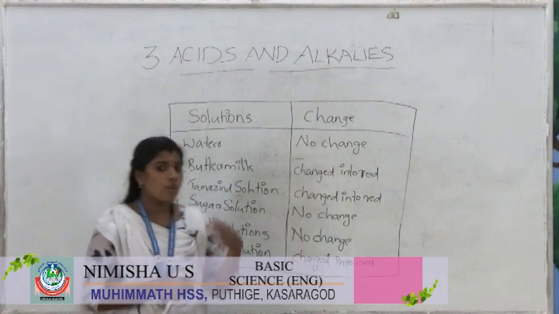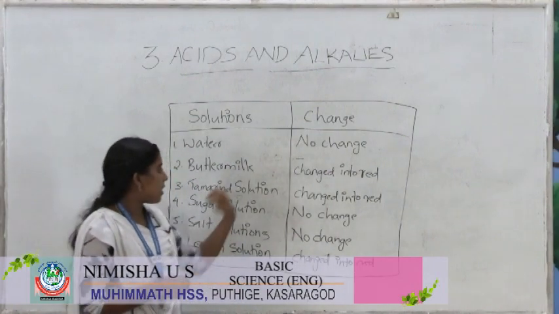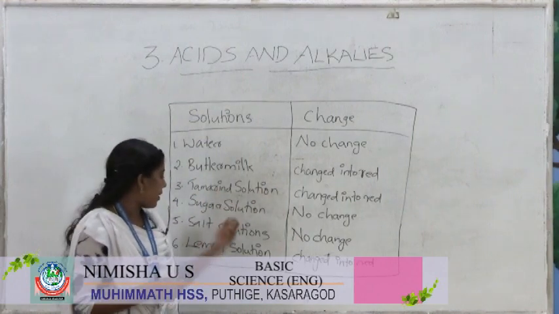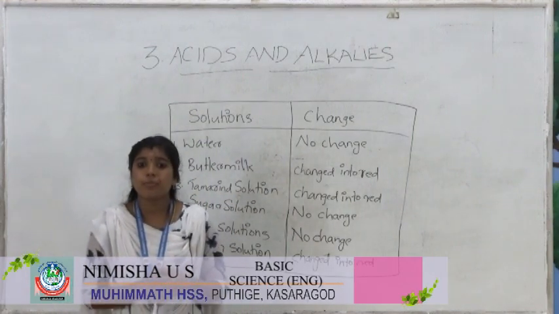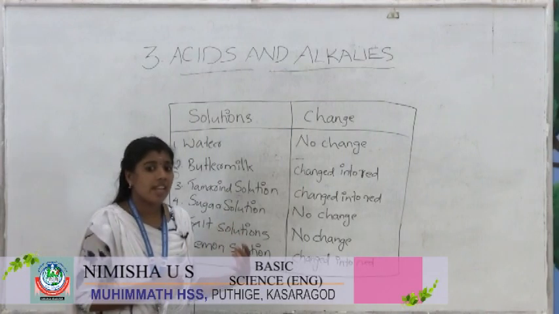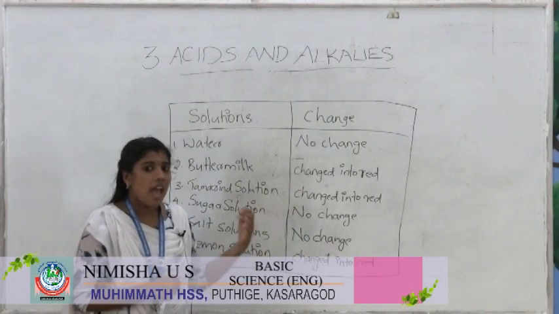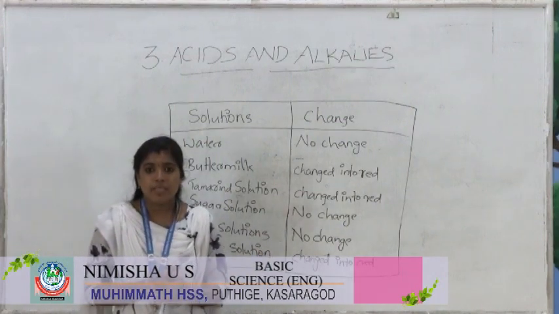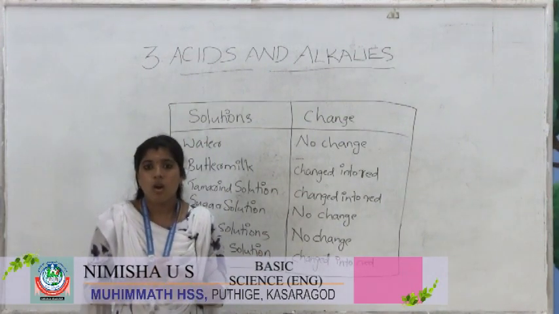We already learned that the buttermilk, tamarind and lemon are food materials. So, these contain certain acids, and the presence of that acid made the hibiscus paper red.